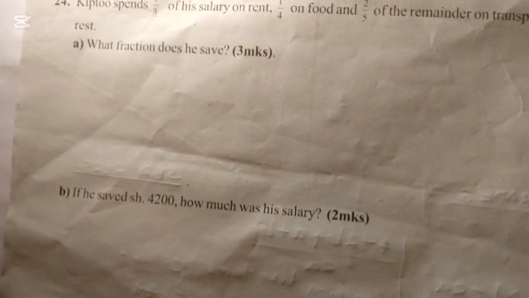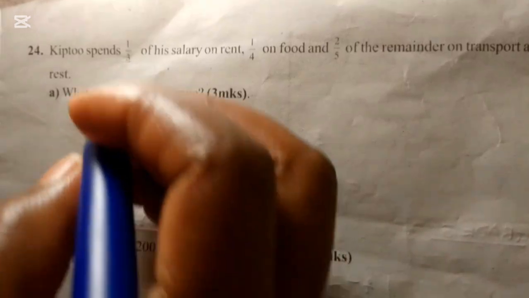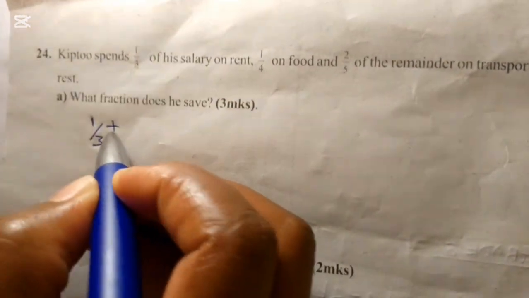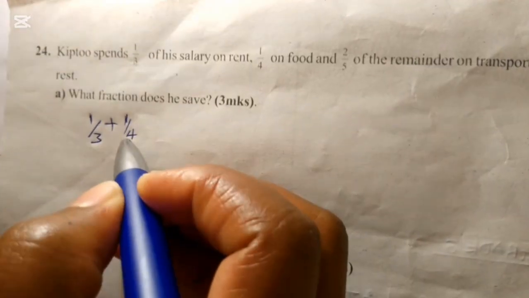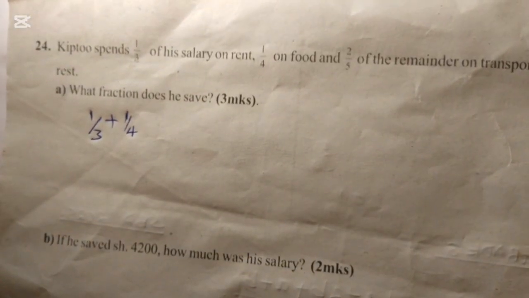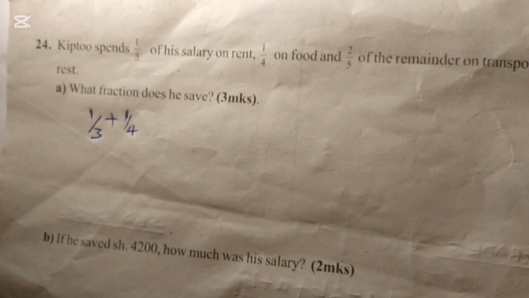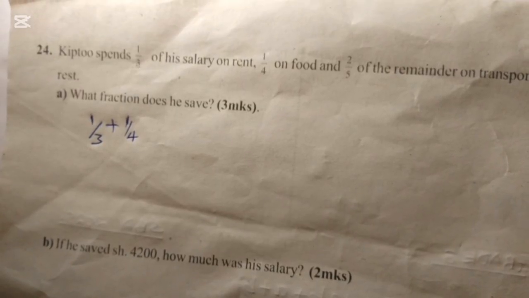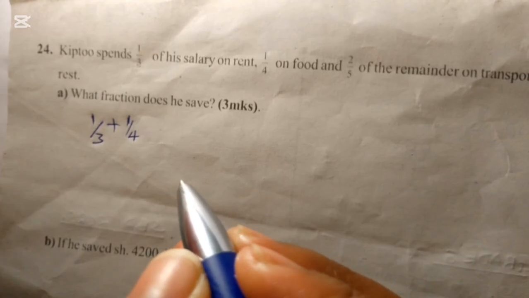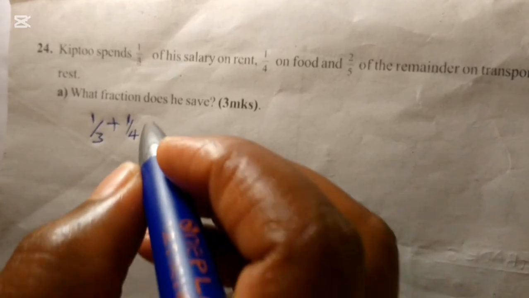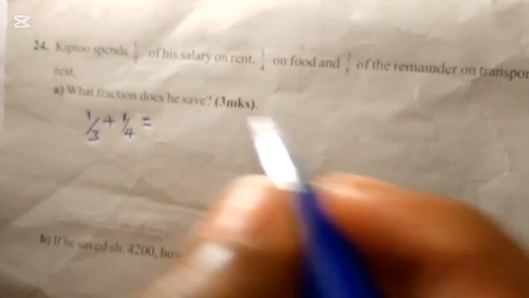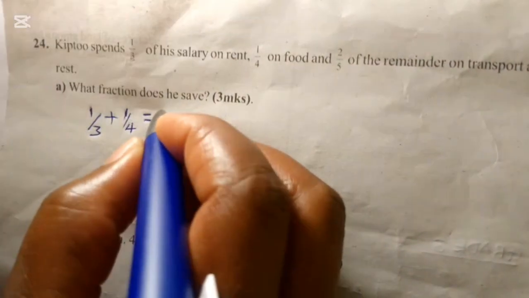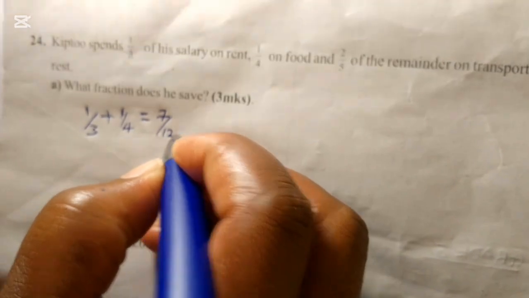So what fraction does he save? A third on rent, a quarter on food, then 2/5 of the remainder on transport. So we need to know the fraction used on both rent and food, and this is a third plus a quarter, which is 7/12.